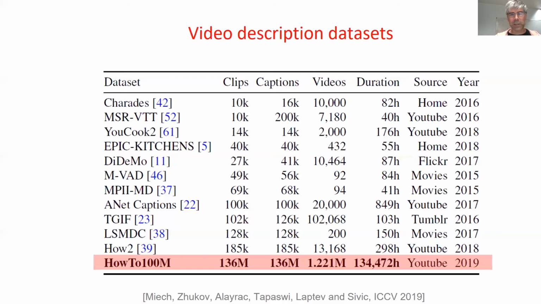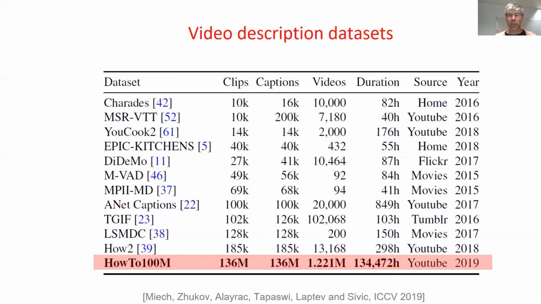Here is the distribution of topics of the tasks in this dataset. You can see it's quite diverse, although still food-heavy. That's the natural diversity of what people put on the internet.